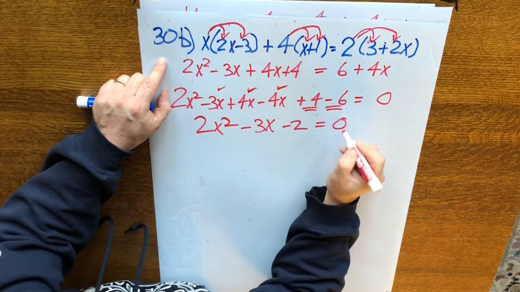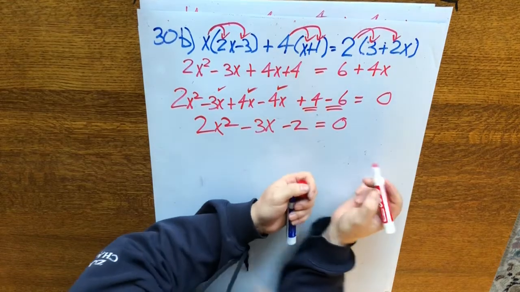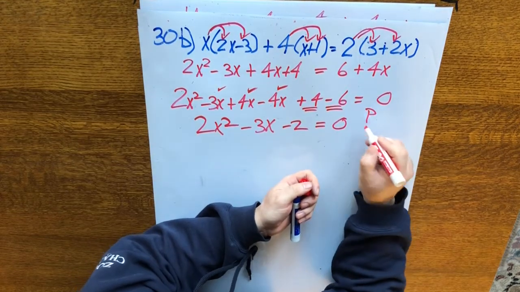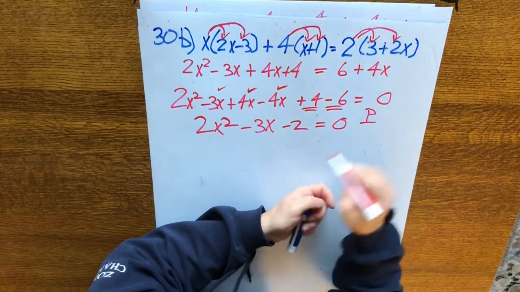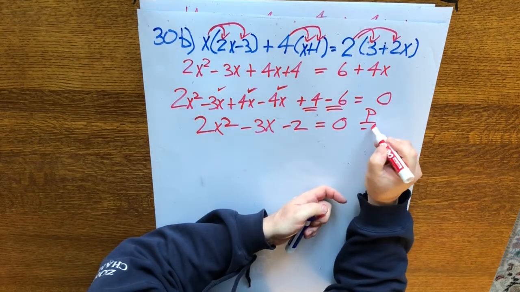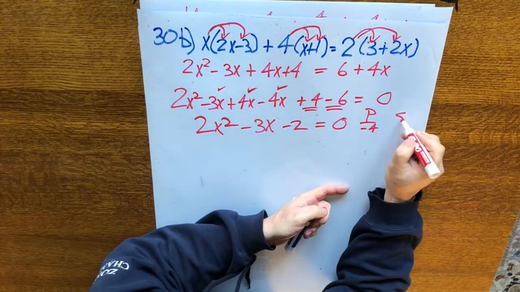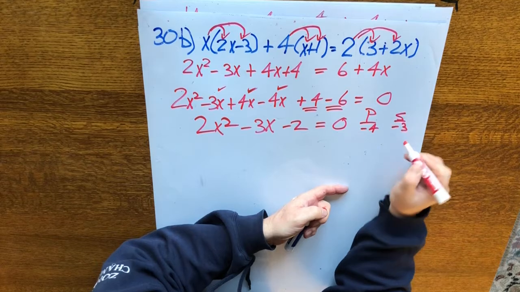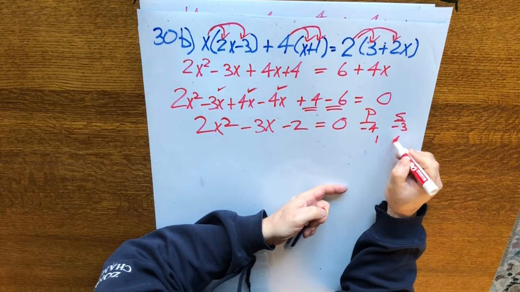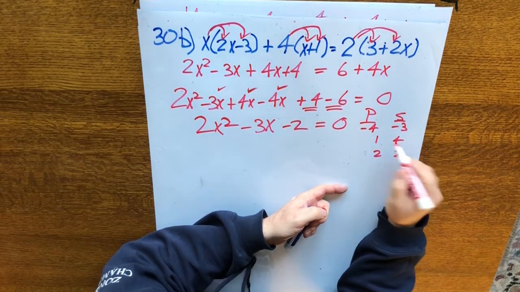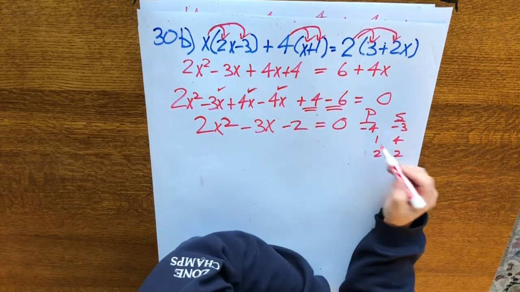And that equals 0. So I've created a hard trinomial, and I'll use the method of decomposition to solve it. 2 times negative 2 is negative 4, so a product of negative 4 and a sum of negative 3. 1 times 4, 2 times 2 are the only pairs that give you a product of 4.